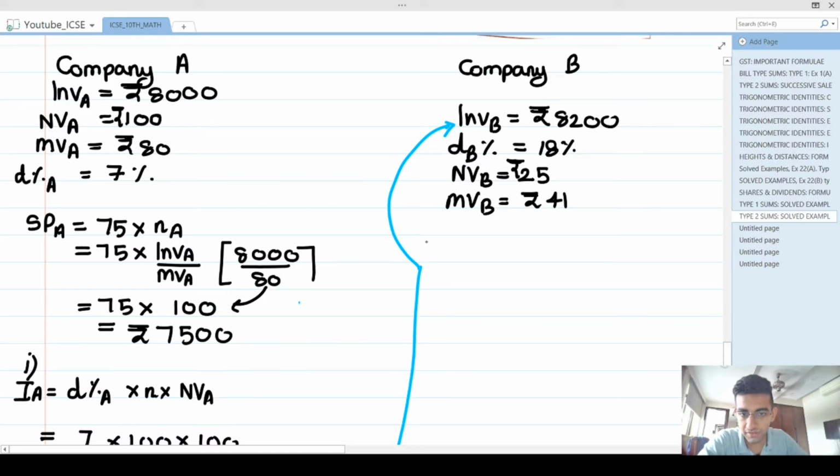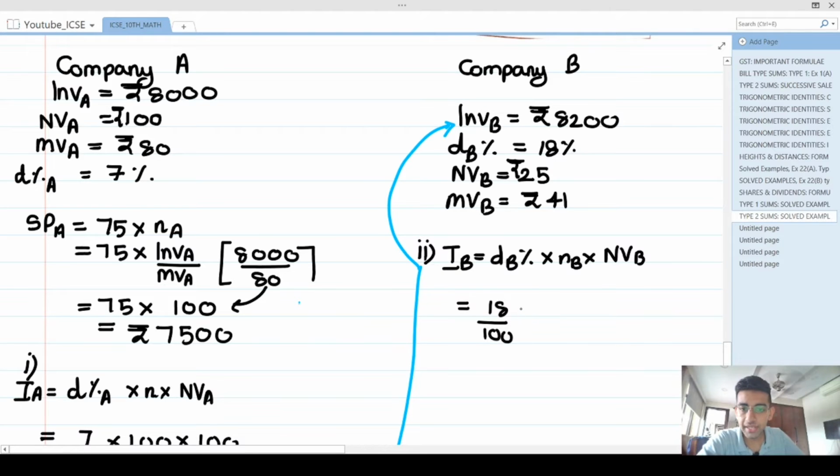So annual income for second year is IB, equal to DB percent into number of shares in B into face value of shares of company B. So that's 18 upon 100, NB is investment in B upon MV of B, into 25.